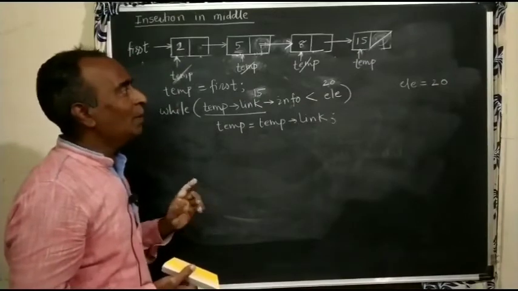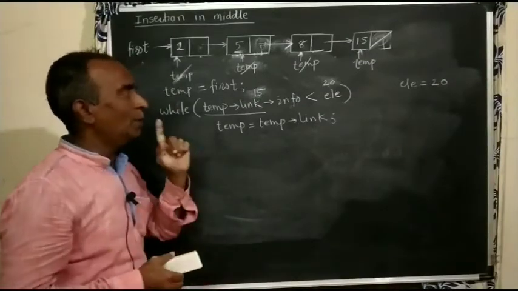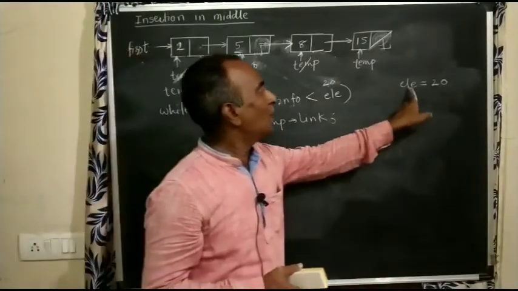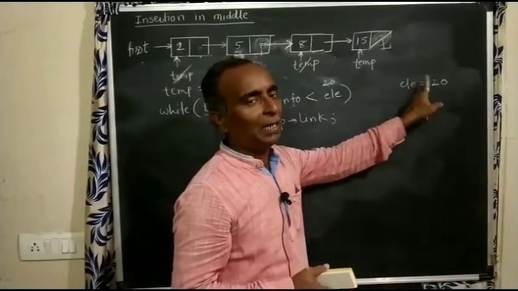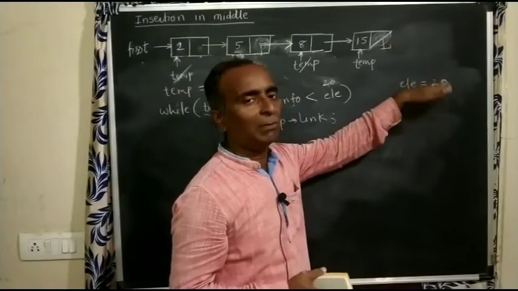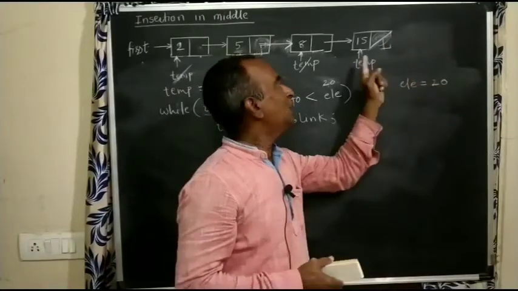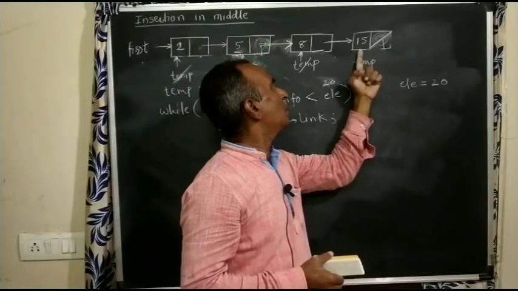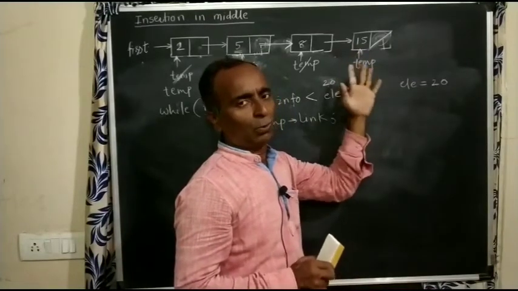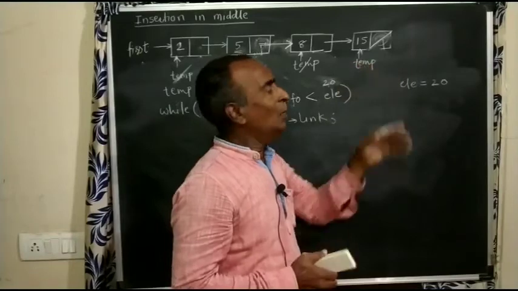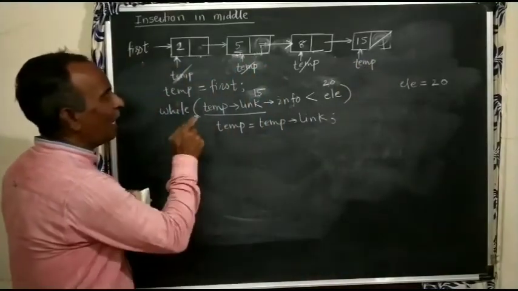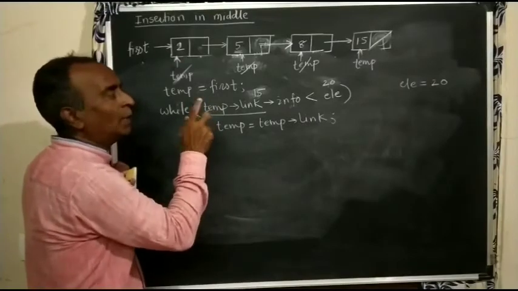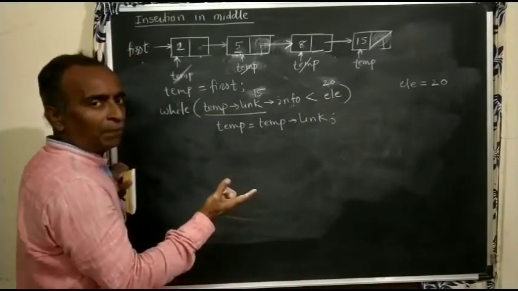So what we are saying is, temp should stop at the predecessor node's address. Now when the element is 20 and you want to insert it, that will become the last node. Means temp at the most should come to the last node. Correct? So if I want to change this, when to move temp?